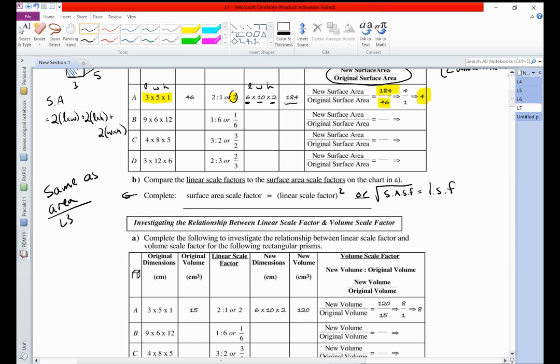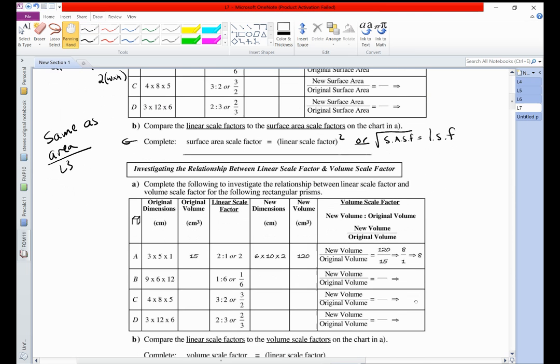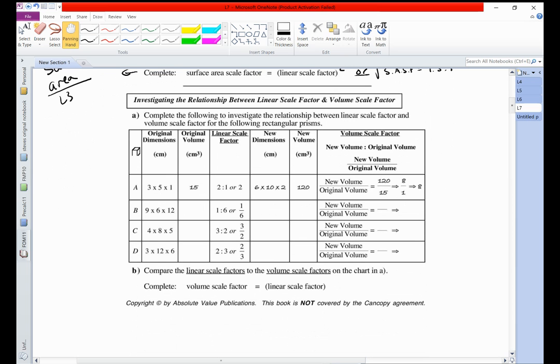What I really want to get onto is the volume. We're going to look for a relationship between linear scale factor and volume scale factor. As a reminder, the volume of a rectangular prism is length times width times height, and volume is how much space it takes up.